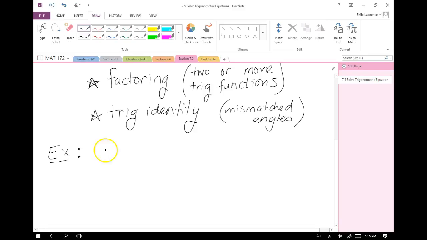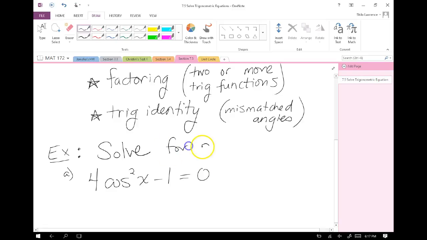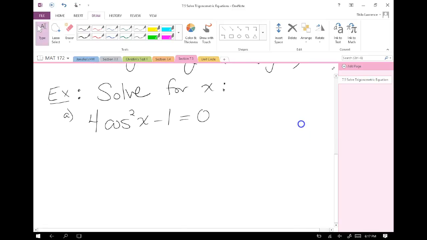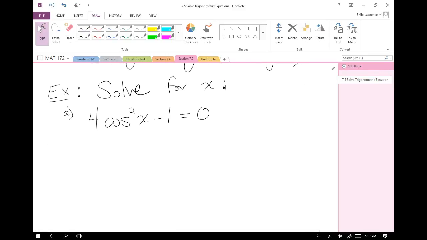So let's say we were asked to solve for 4 cosine squared x minus 1 equals 0. And we're solving for x. There's only one trig function in this whole entire problem.